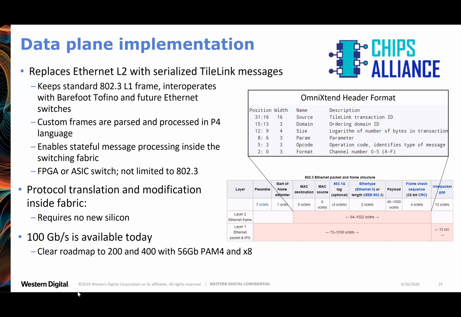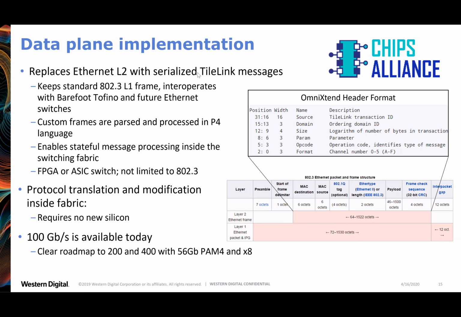So when somebody asks you, what is OmniXtend? It's essentially Tilelink over Ethernet. Now, to preempt one of the questions that's certainly going to get asked: is this Ethernet specific? By no means. Tilelink over anything is possible; we chose Ethernet just because you can use it without having to jump through too many hoops.